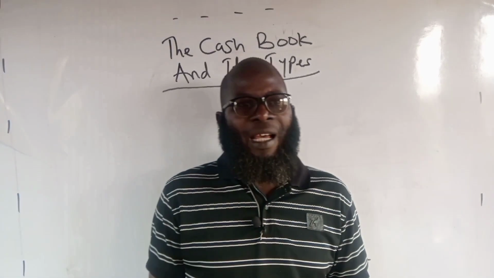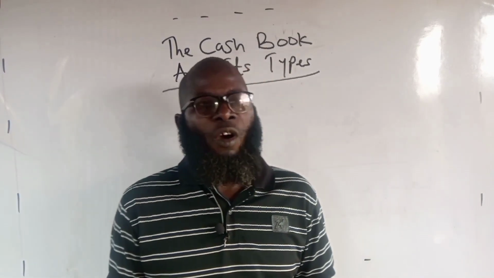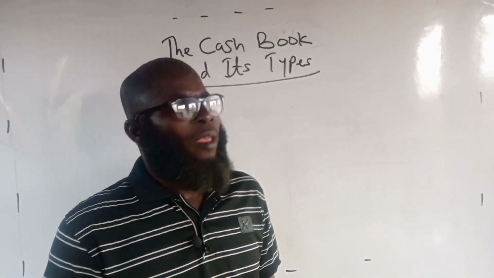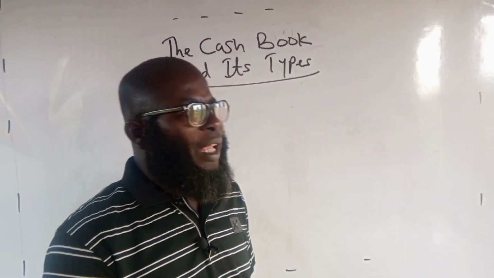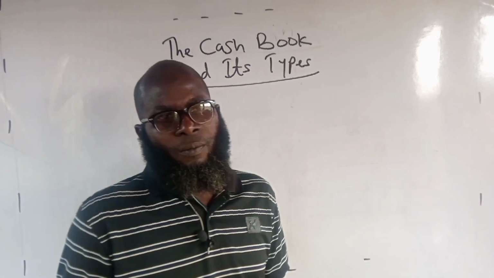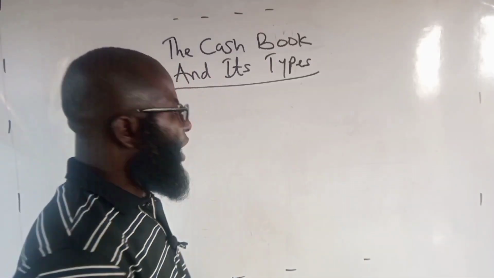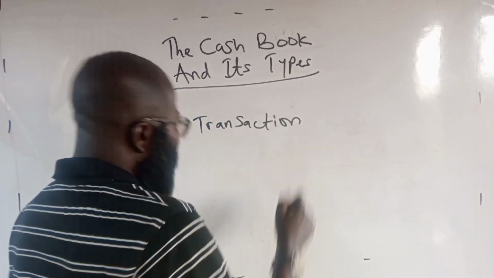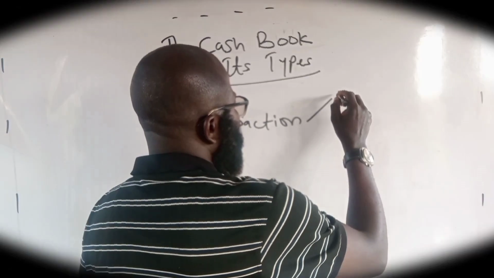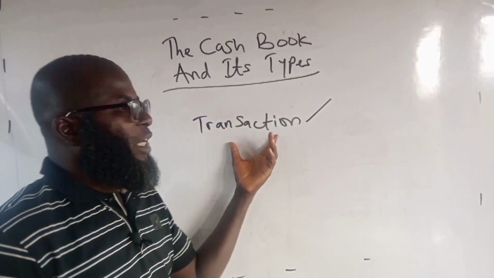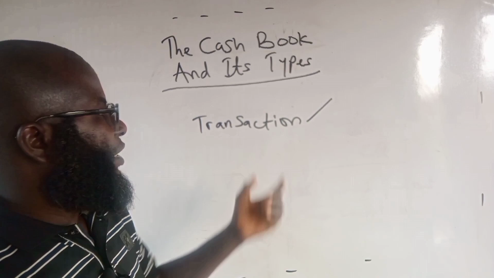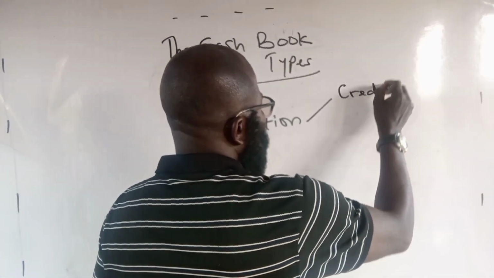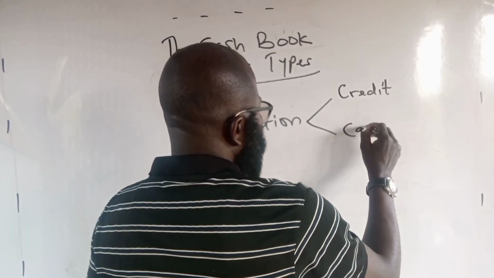As I've said earlier, the cash book is a subsidiary book of account. In order to buttress this, for every transaction, the recording must take place in the cash book first. Besides, you have to understand what we mean by transaction. A transaction could be made in two ways: either on credit or by cash.